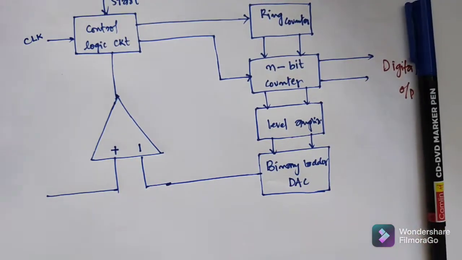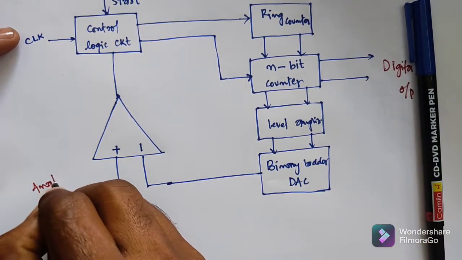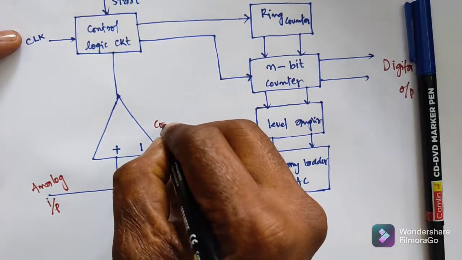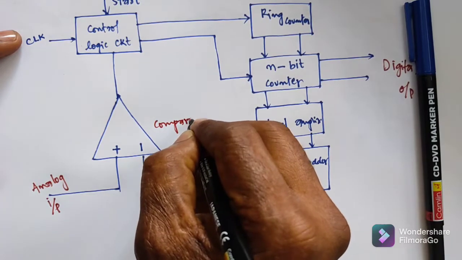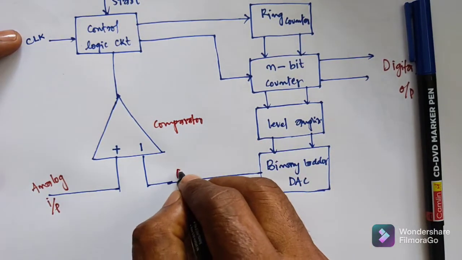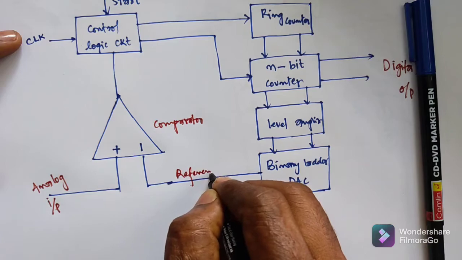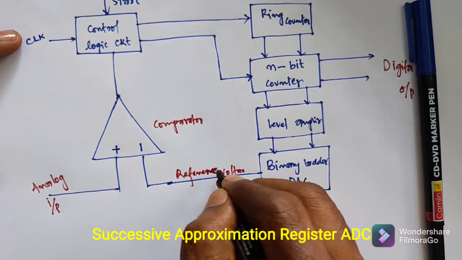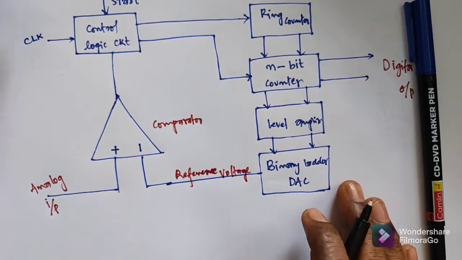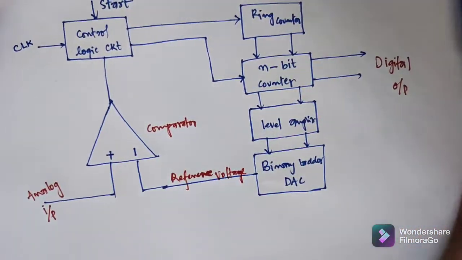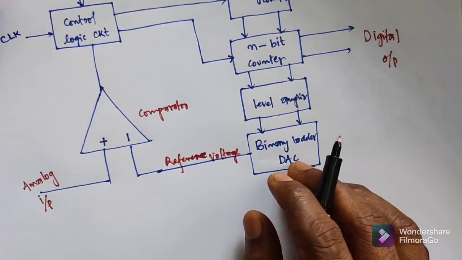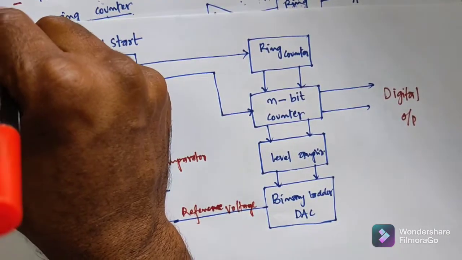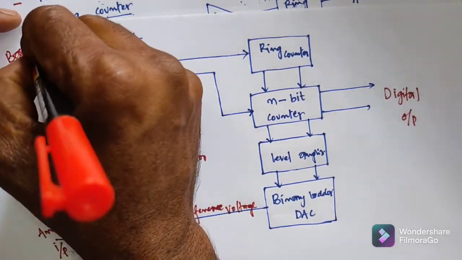In this concept, this one is the analog input, this one is the comparator, and this is the reference voltage. This is the actual procedure for the entire basic block. Now we are going to talk about the entire operation of this. This is the actual basic circuit diagram.